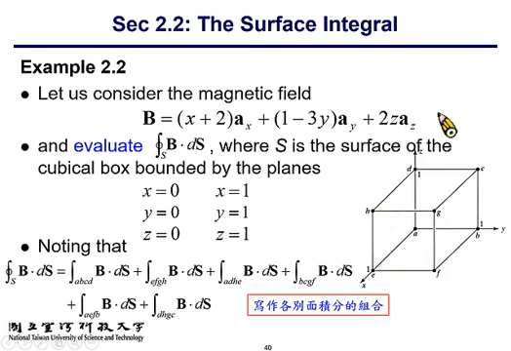So to find out the magnetic flux emanating, E-M-A-N-A-T-E, emanate. 穿出去的，往外的，emanate. To find out the magnetic flux emanating from this cubical surface, you can divide the closed surface integral into 6 surface integrals.